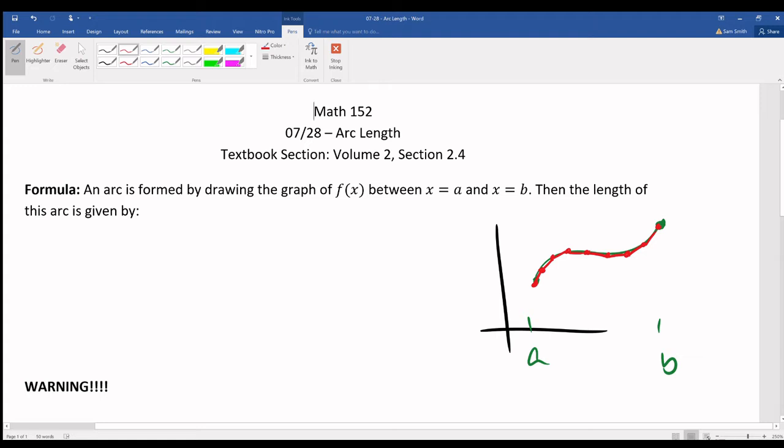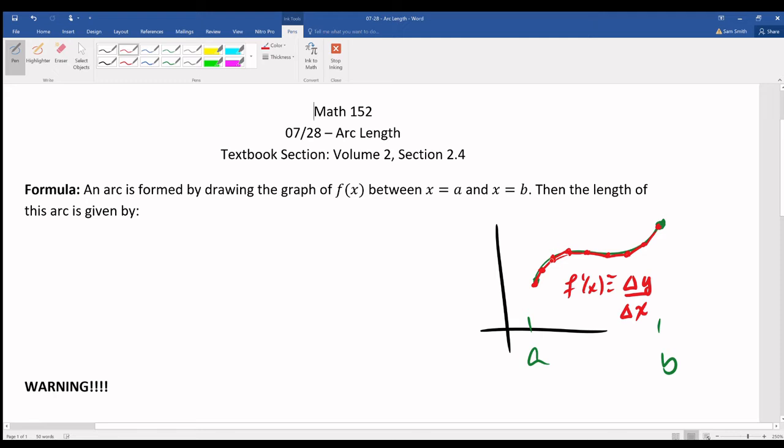It will be able to bend and move smoothly and approximate this curve quite well. Now, to find the length of each of these tiny line segments, we're going to end up using the derivative, which tells you the change in y as x is changing. So f prime of x, let's recall, is approximately equal to the change in y over the change in x.